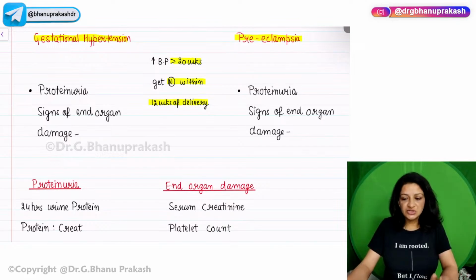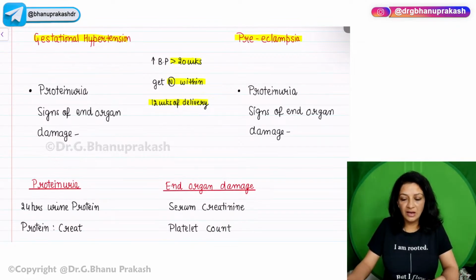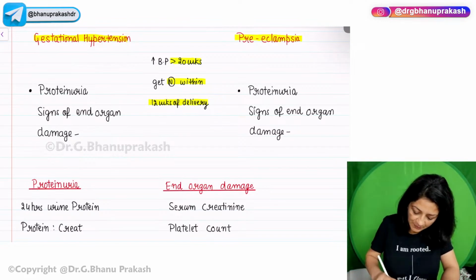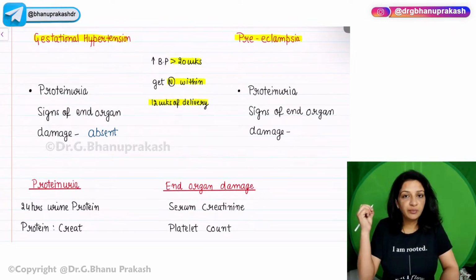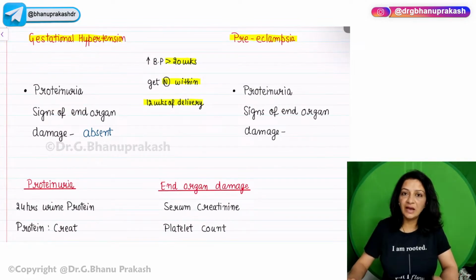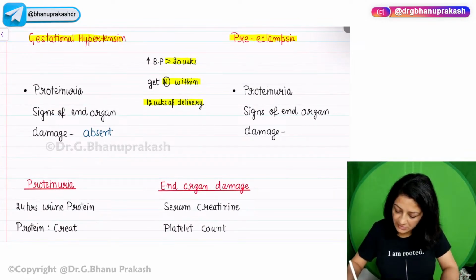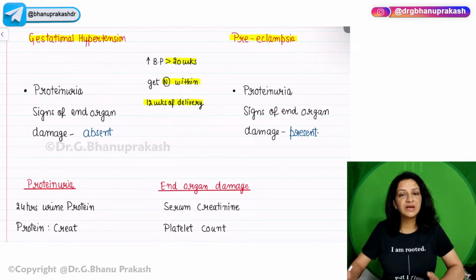So in case of gestational hypertension, proteinuria and the signs of end organ damage will be absent. But in case of preeclampsia, proteinuria and signs of end organ damage will be present. So this is the difference between gestational hypertension and preeclampsia.